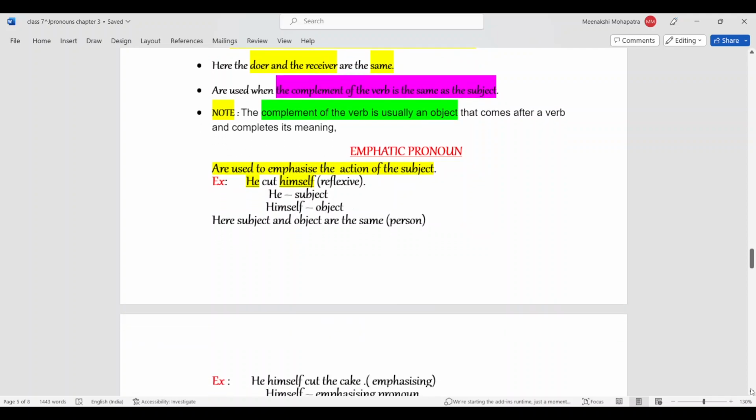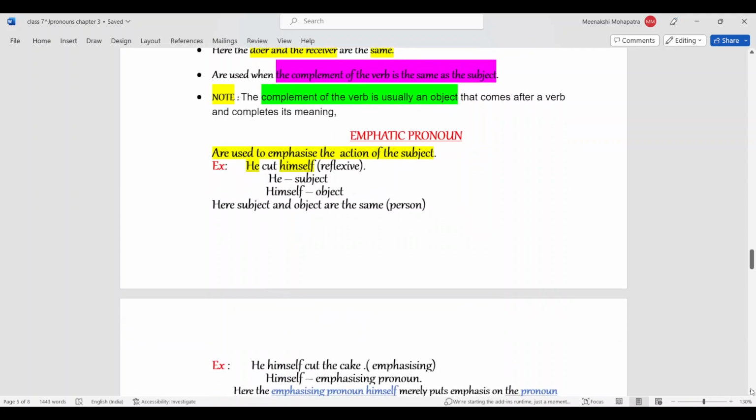Example, he cut himself is reflexive. He being the subject and himself being the object. Now, here, subject and object are the same. He cut himself becomes reflexive. Now, he himself cut the cake becomes emphasizing.